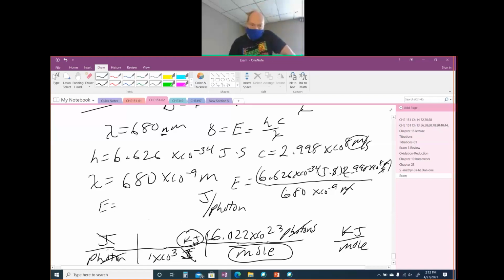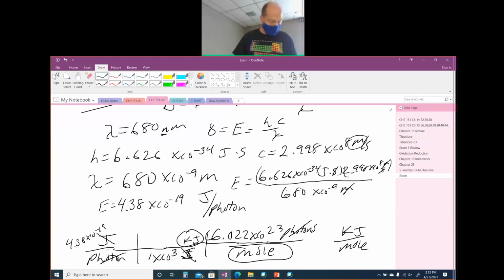All right, so when you push the buttons here, you get 4.38 times 10 to the minus 19. And when you put in your 4.38 times 10 to the minus 19, divide by 1,000, multiply by Avogadro's number, you get, I think, 264 kilojoules per mole.